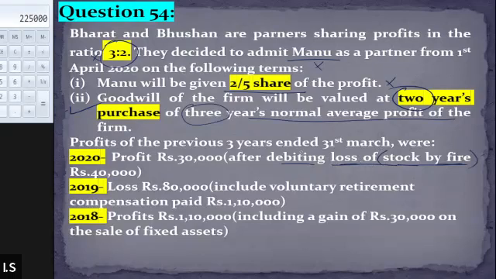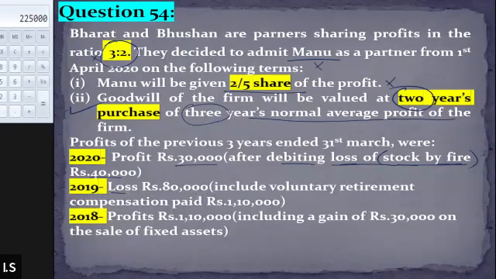Since it was debited, debited basically means subtracted. Since the loss of stock by fire was subtracted and this profit was calculated after subtracting this loss, to determine the normal profit we will have to add it back. We will have to add 40,000 back into the profit. So 30,000, then we will add 40,000 for the stock loss by fire because this is an abnormal loss.